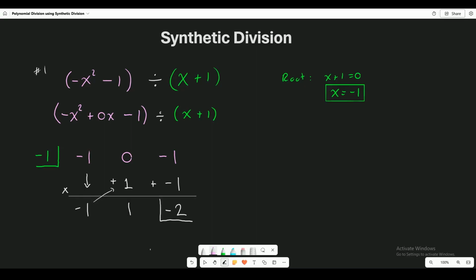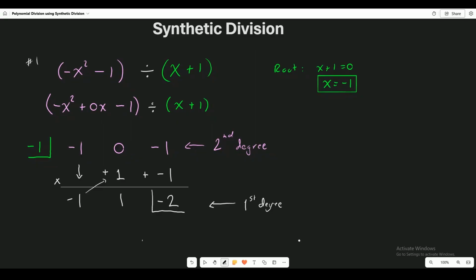This right here is second degree. And we divided by first degree, which means that our answer, our new polynomial, is going to be first degree. It drops down by 1. Okay? So our answer now is this.